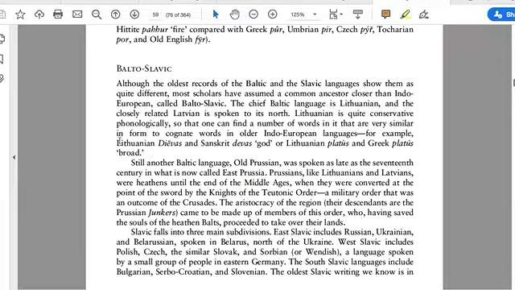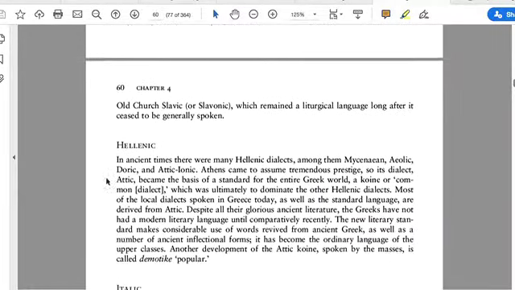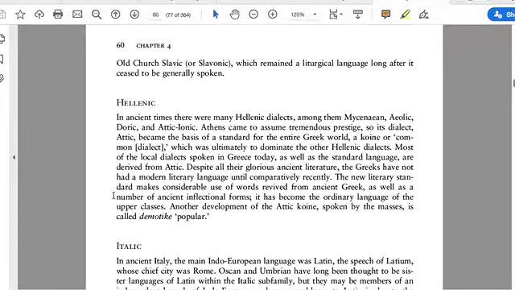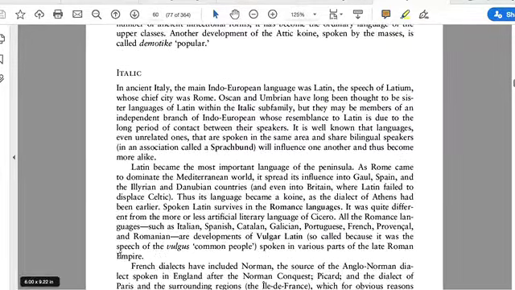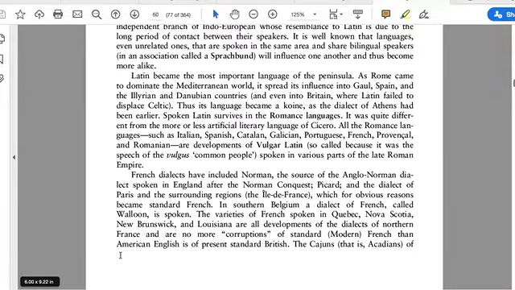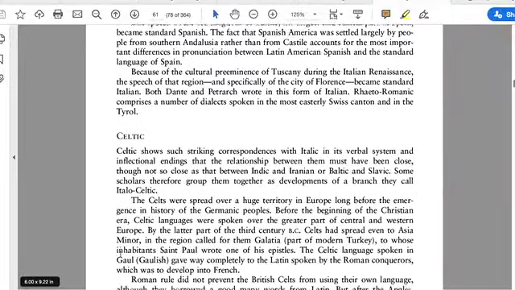I don't know very much about Baltic languages or Slavic languages, so if it were me, I would probably choose this, because I'm curious and I'm ignorant. Hellenic languages are what Greek are derived from. Italic, you can guess, Latin, Portuguese, French, Italian, Spanish.